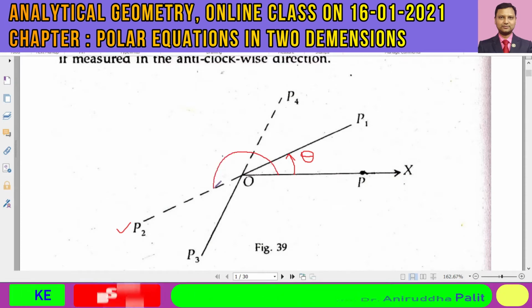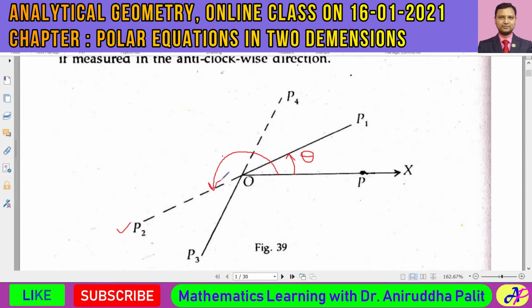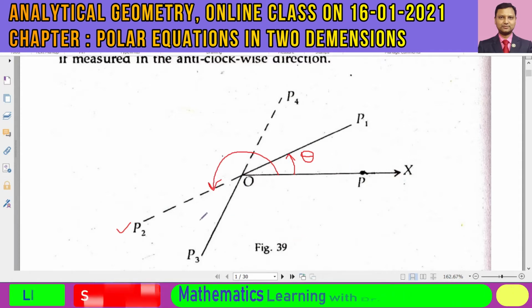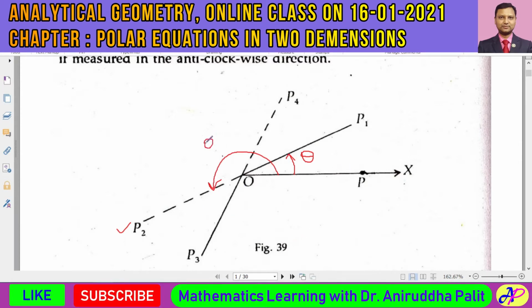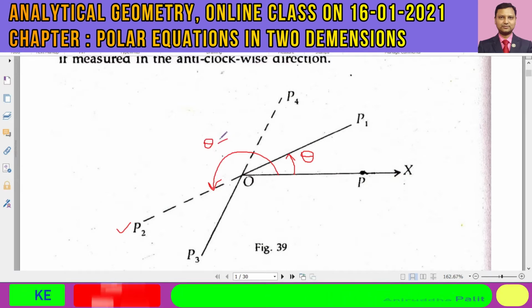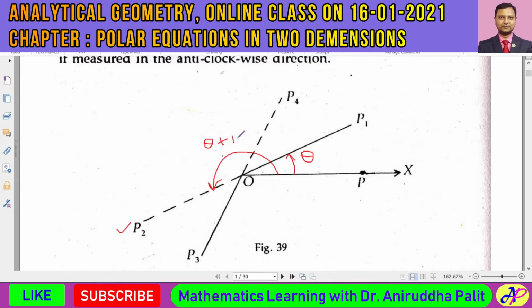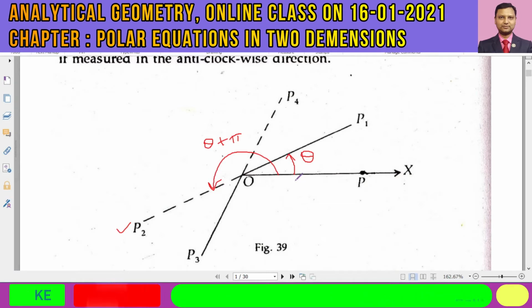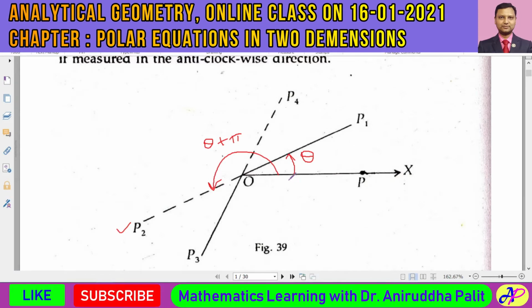This angle would be the vectorial angle of the point P2. So the vectorial angle of P2 should be theta plus 180 degrees, or theta plus pi if it is measured in radians. So theta plus pi radian would be the vectorial angle of P2.